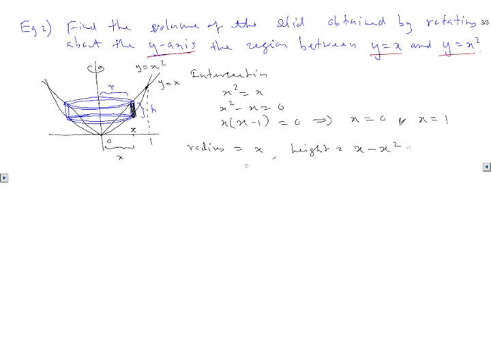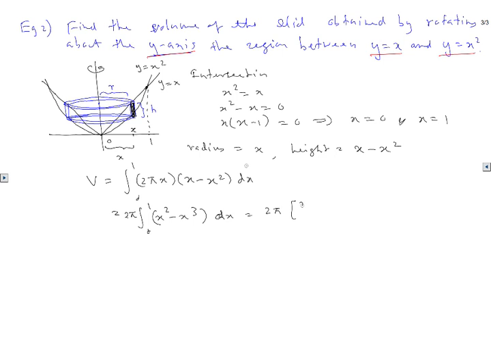So that means we have everything we need. The volume is going from 0 to 1 of 2 pi x, that's the radius part, and then we have the height, which is x minus x squared, and the dx. This is a very easy integral. You can take 2 pi out of the integral and multiply through, so you get x squared minus x cubed dx.